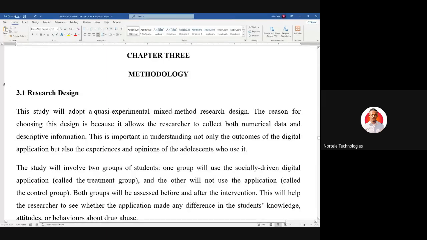Qualitative method of research means you are using qualitative data. You're collecting data that is not countable.